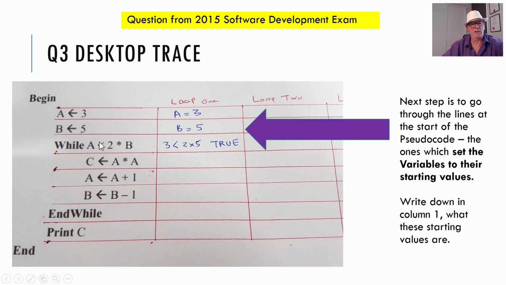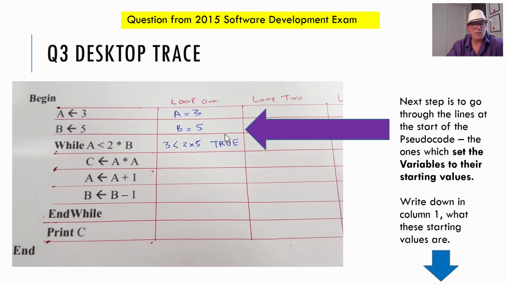So we've got our 3 variables here, the checking one, the A's and the B's. So we've actually done the same thing as step 1 was in our trace table, but we've done it in a different kind of layout here. So we've quickly done that and got the starting values of our variables.